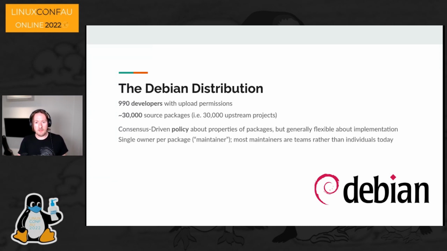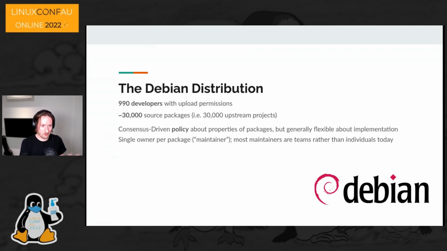And then each package has a single owner, a so-called maintainer, with team ownership now being more common than individual maintainership. So generally, there's a set of people who maintain usually a large number of packages and keep those packages in good shape.